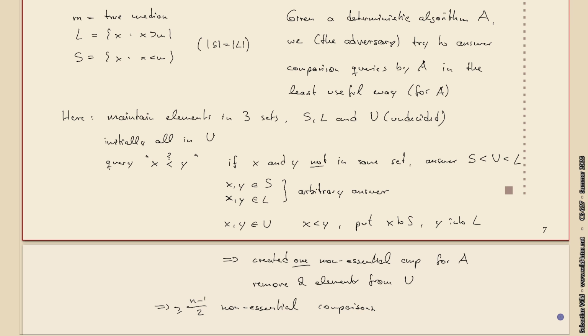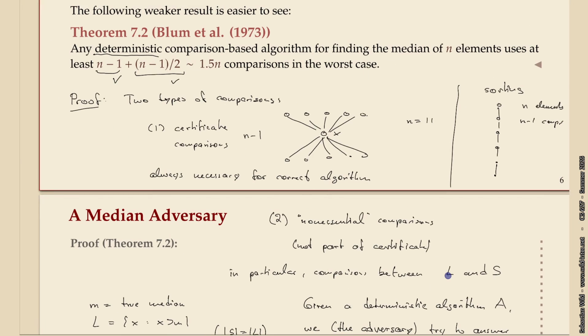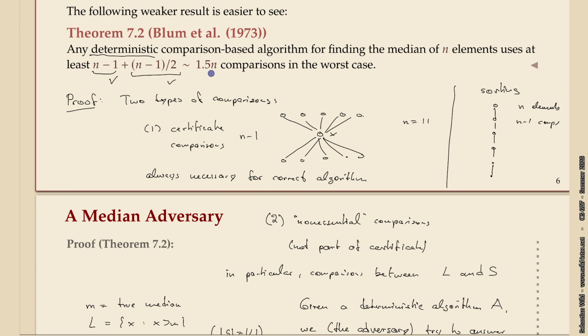I wanted to go through this proof because I think it makes blatantly obvious that if the algorithm is randomized, a lot of this trickery is harder to do. You can't really force the algorithm to make the same kind of... now I'm struggling because this lower bound is also true for randomized algorithms.